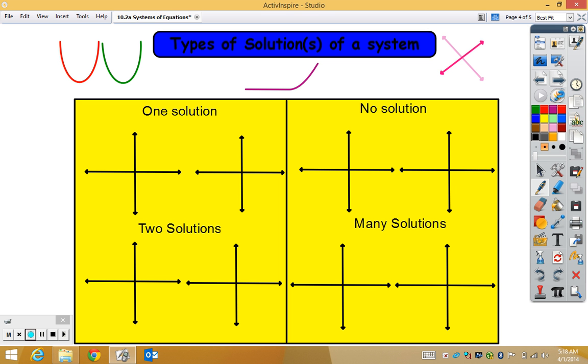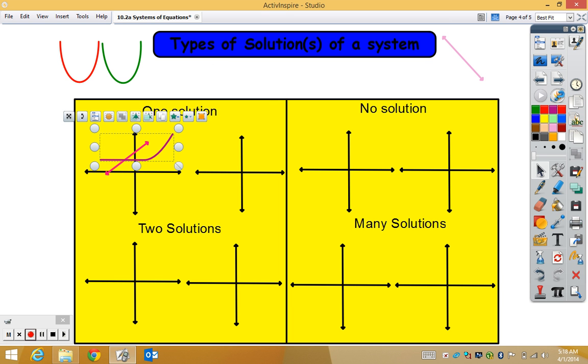So there are different types of solutions that you could have with systems of equations. We can have just one solution. So let me pull some examples. We can have a linear and an exponential.